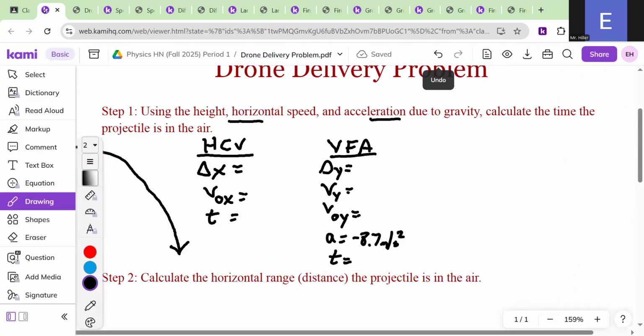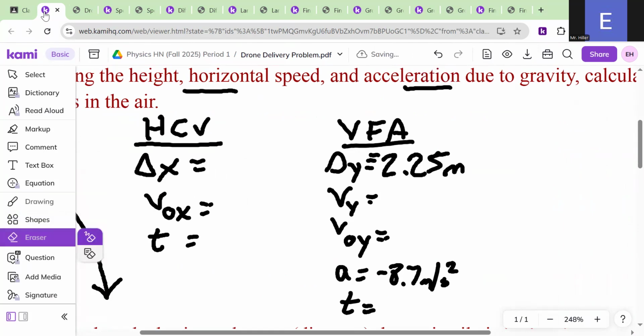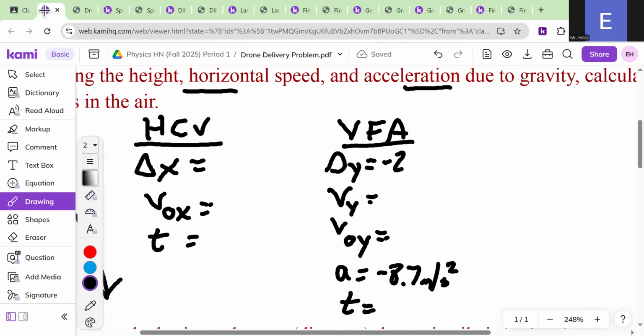So my vertical displacement, delta y, would be 2.25 meters above the ground. Whatever the height of your drone is, go ahead and record that, because that would be the negative displacement the ball will have. However high the drone is, the ball will have a negative displacement of the same amount when it falls. So negative 2.25 meters.